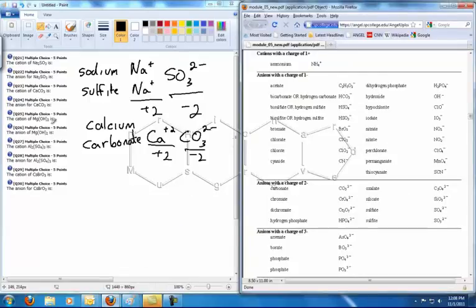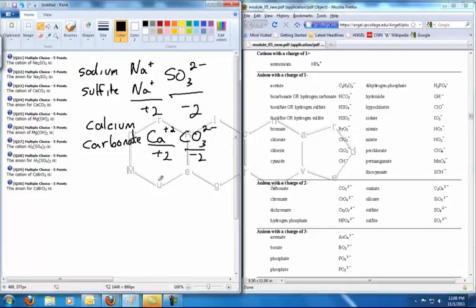Alright, looking at the next one, we've got Mg(OH)2. Now if I drew a picture of that, it would look like Mg, and then you see the OHs are in parentheses and there's a 2 on the outside. That tells me I've got 2 OHs. So now I go over here and I look for OH. There it is, -1 charge, -1, -1, total -2.